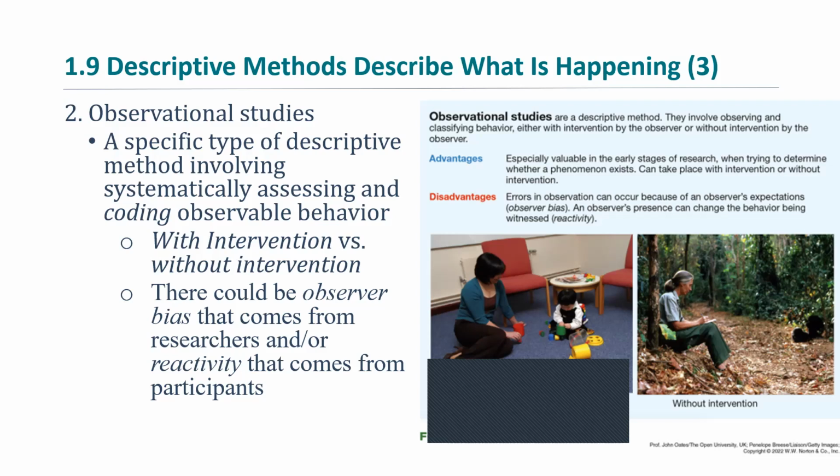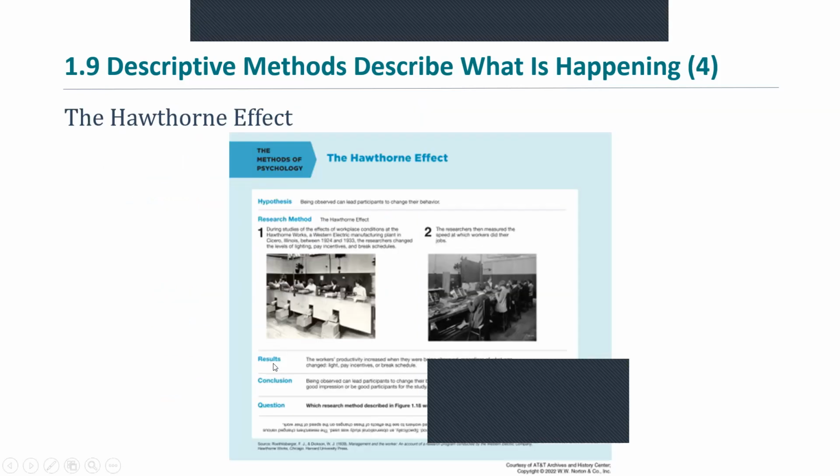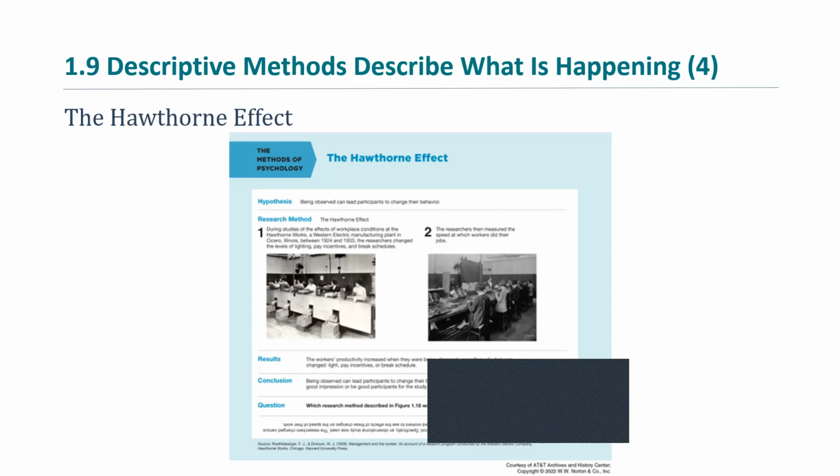Another problem is reactivity. Just to go back for a second, observer bias is happening within the observer. Reactivity is happening within the subjects or the participants. An example of reactivity is in this next slide, what's called the Hawthorne effect. This comes from a workplace study. The name of the place was Hawthorne.